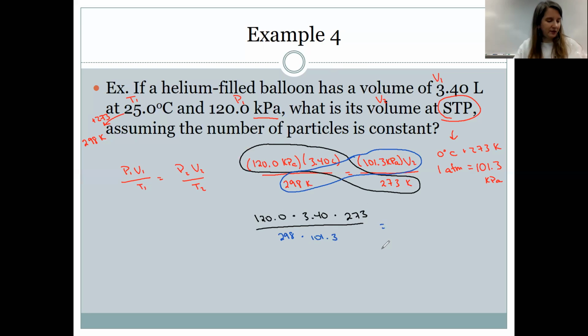So when I do all of that, 120 times 3.4 times 273 divided by 298 and 101.3. Make sure you do this in the calculator to make sure you're getting the same answers as me, because this is the one where students always make a mistake just inputting it into the calculator. I should get 3 sig figs, so I should record my answer as 3.69. And because my units of volume were liters for V1, my units are still liters for V2.